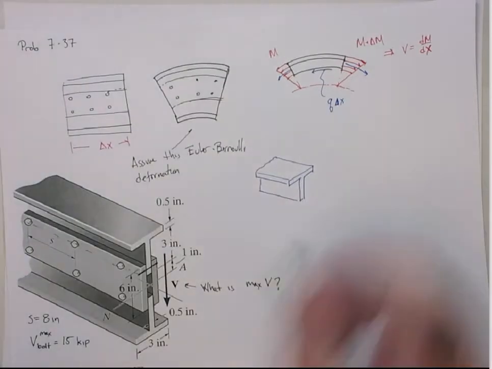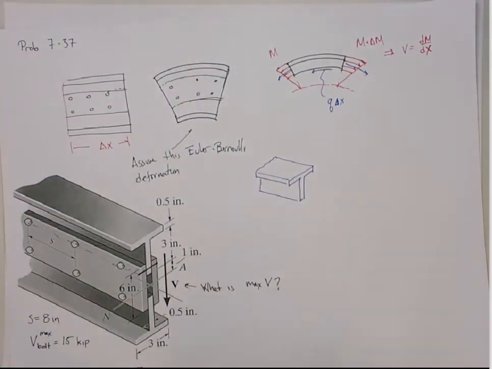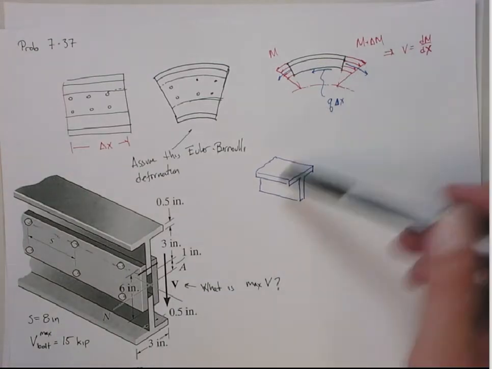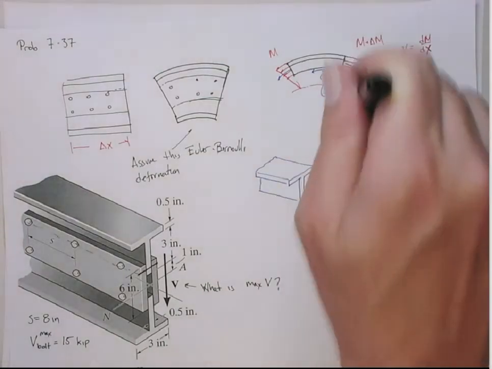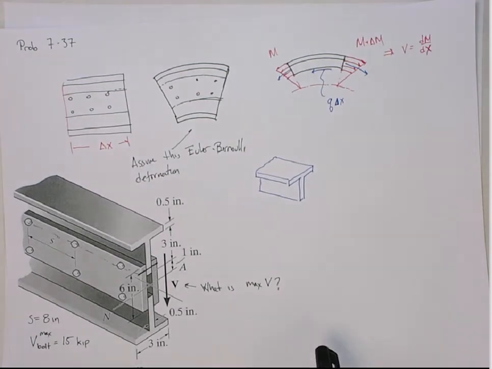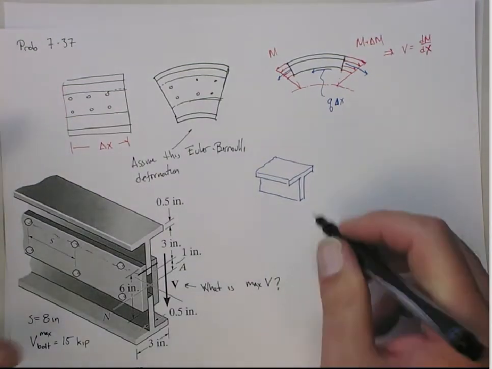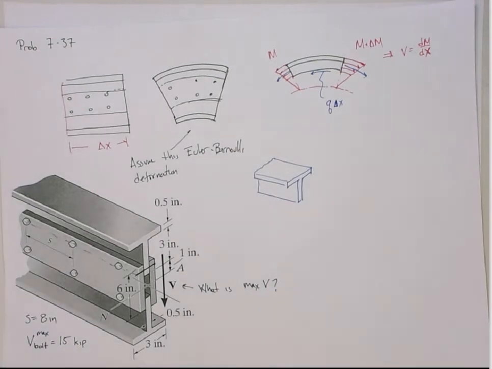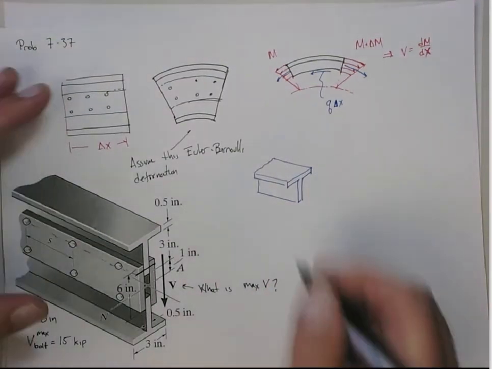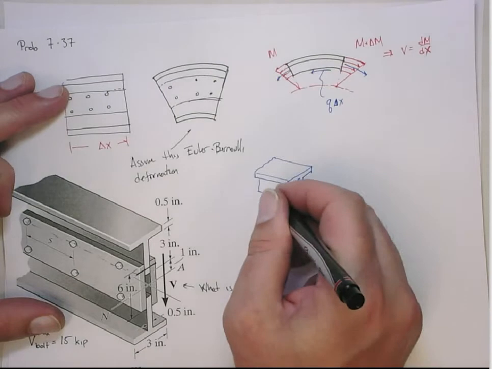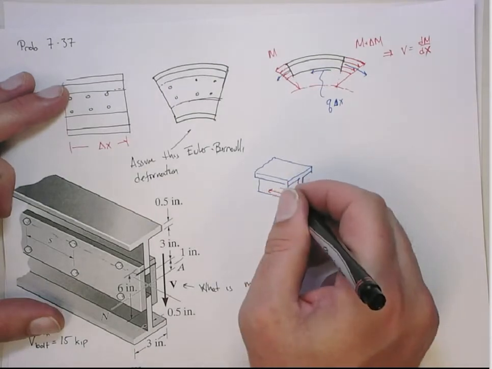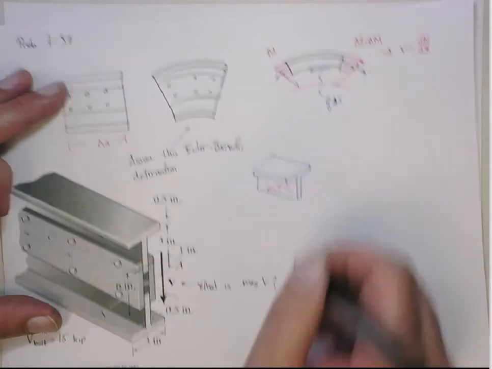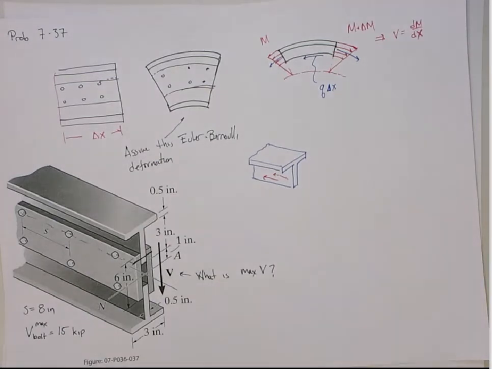All right, here I've just drawn the top section. So there's this net force that has to be applied on here, this Q delta X, okay? Where's that going to happen? Well, normally if this were one contiguous beam, it would be happening on this section, but it's not. The only place that's being picked up is at the bolts. So that means we're going to get half of it on this side and half of it on the other side, right? Because that's where the bolt goes through on both sides, all right?